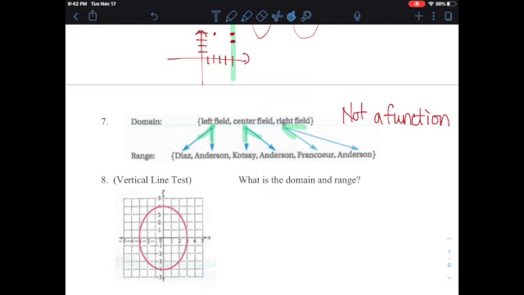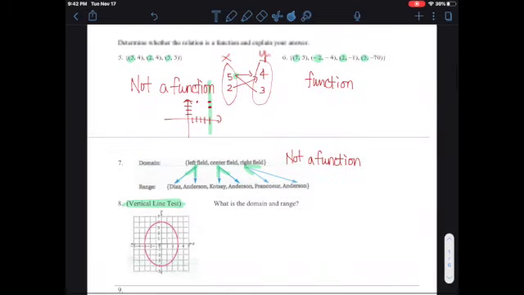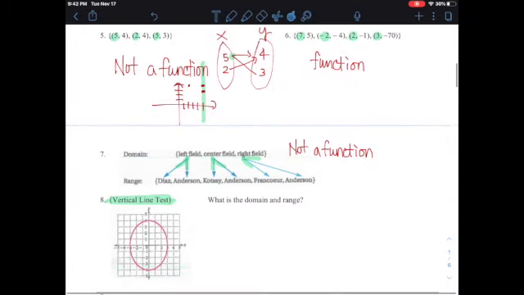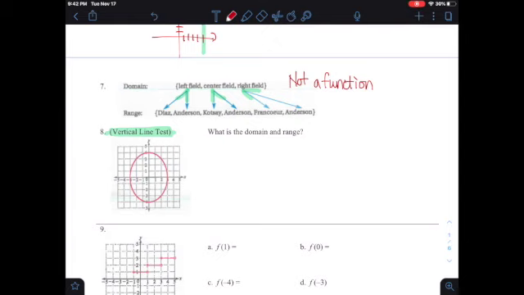And next one is number 8. It's called the vertical line test. I kind of told you guys about it above in number 5. So what is the vertical line test? Usually if it's in class, I would just roll a pencil. But because you can see it, I'm just going to draw the line.